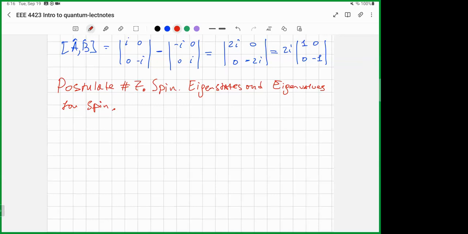It is something that doesn't have a classical counterpart. So let's write it this way.